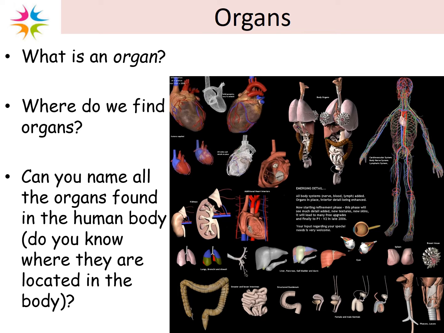I mean, if you stand in front of a mirror, you should be able to see some organs. Most of the organs in the body are internal, but you should be able to see some just by looking in the mirror. And if you look at the pictures on the screen, you should be able to come up with all the organs in the body. The only one that isn't showing on there is the skin.